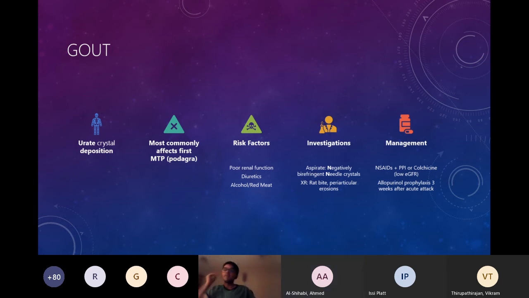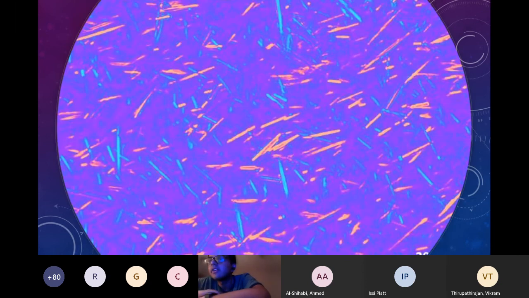Azathioprine is metabolized by xanthine oxidase. If they're on allopurinol, that will basically build up and they get lots of the product of that being metabolized. So you need to quarter the dose. That's good knowledge. Right. Gout or pseudo gout? Drop a message.